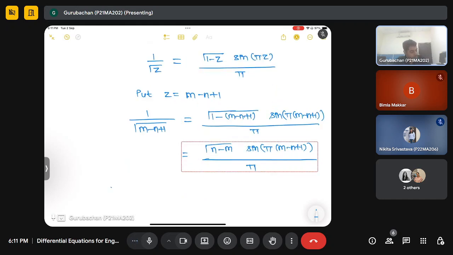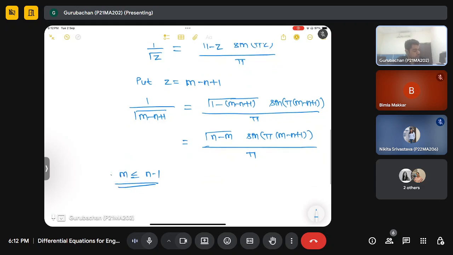We just want to claim that our series is going to start from n to infinity. So we want to make those factors 0 for m less than or equal to n minus 1.